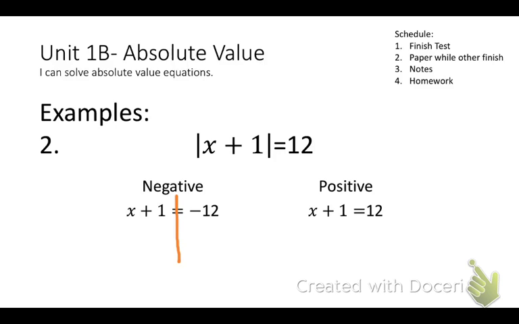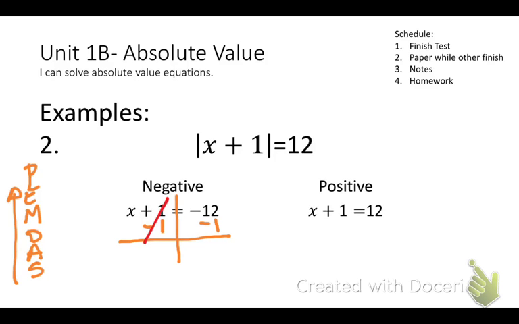I say, well, I'm adding. I use my backwards PEMDAS to help me. And I say I don't have subtraction, but I do have addition, so the opposite of addition is subtraction. So now the information on the left cancels, and I'm left with x equals, and then -12 minus 1 gives me -13.